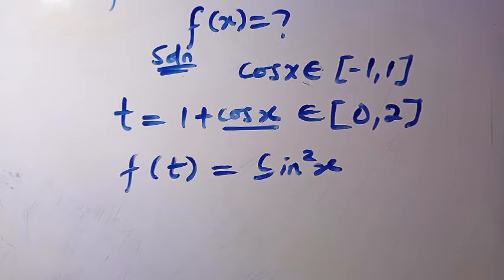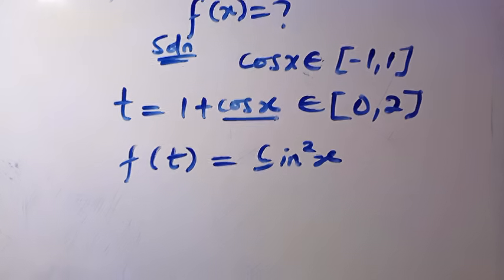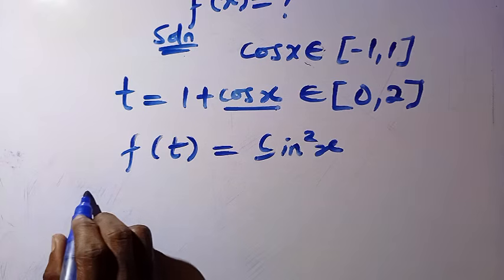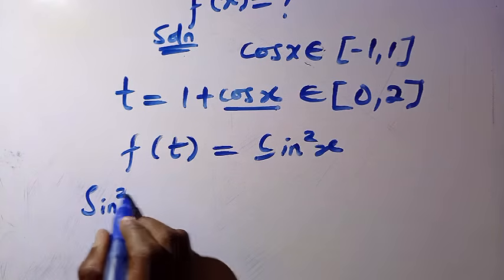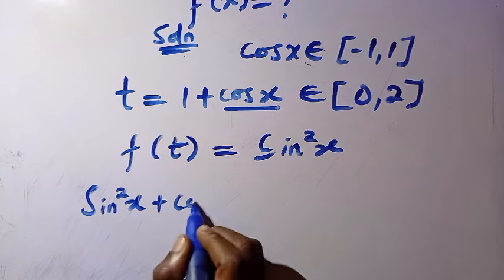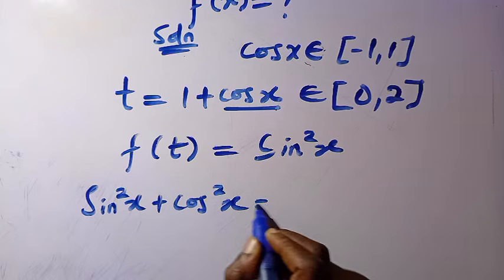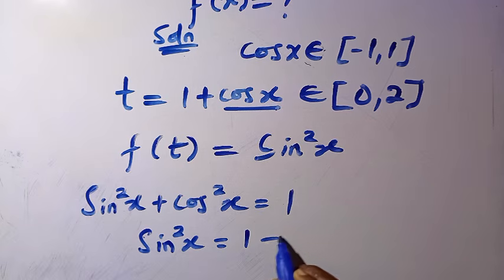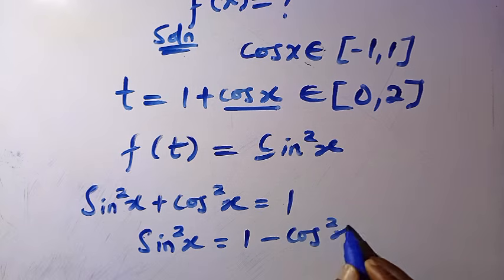We recall from the basic identity that sin square x plus cos square x gives us 1. Then if I make sin square x the subject of the formula, we have sin square x equals 1 minus cos square x.